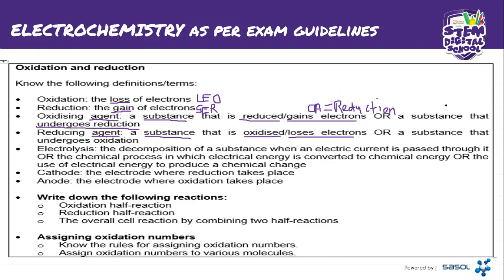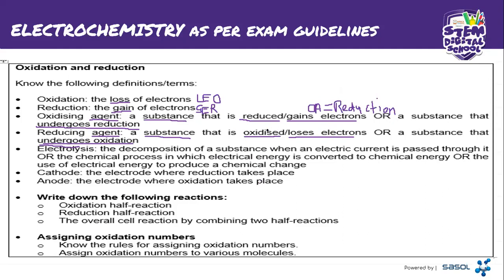Or it is a substance that undergoes oxidation. So, very important for you to know that, like I have told you, when a substance is undergoing oxidation, it means it loses electrons altogether. In other words, it is oxidized.